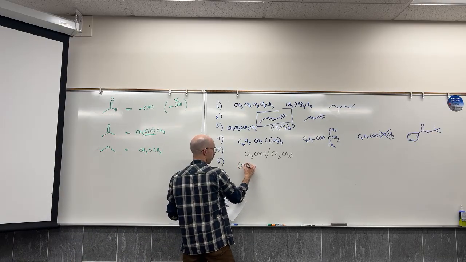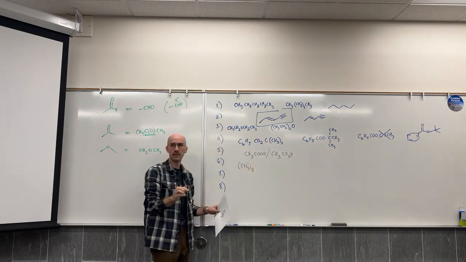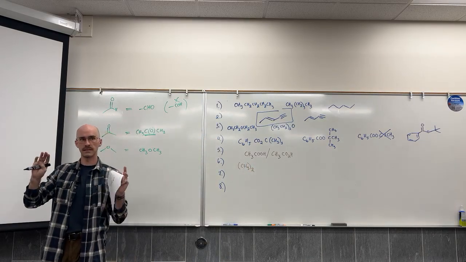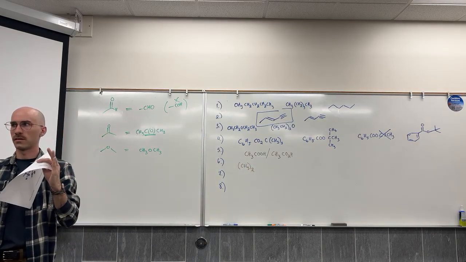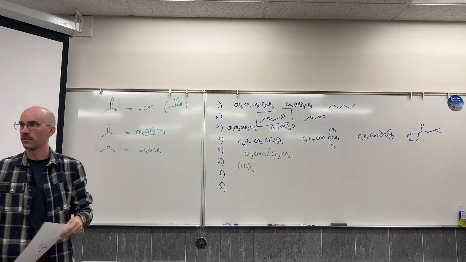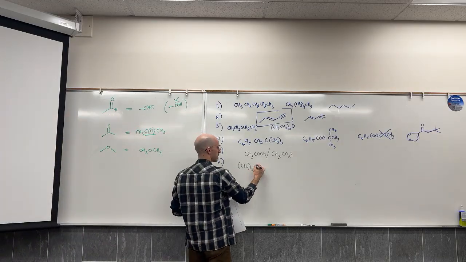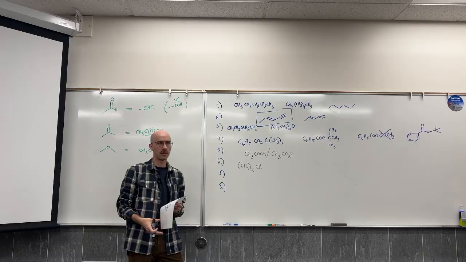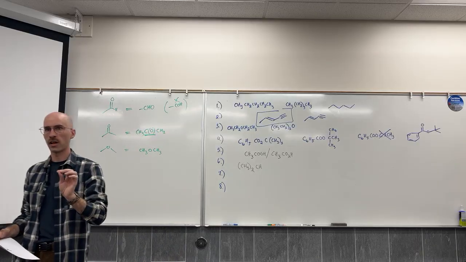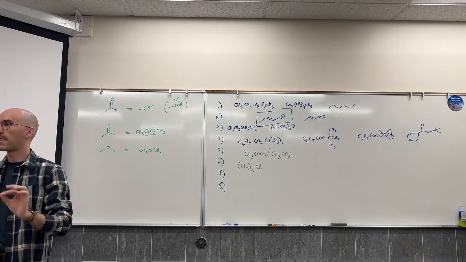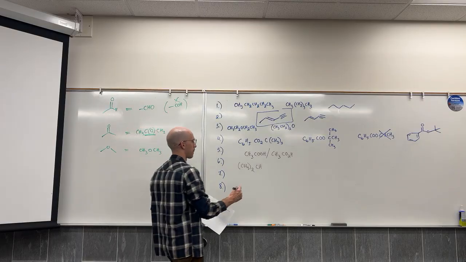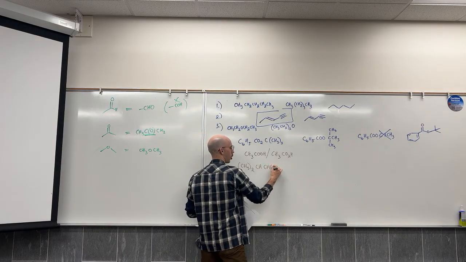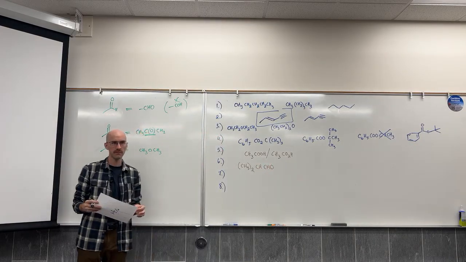This has 2 CH3s. So once again, we're going to write this as a set of CH3s together with a subscript 2 that are bonded to a CH, a central carbon that just has 1 hydrogen coming off of it. And that carbon is bonded to a CHO group.